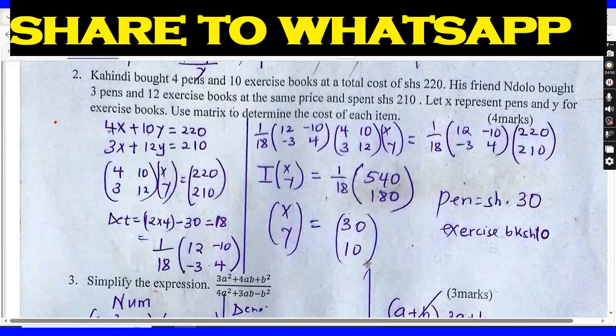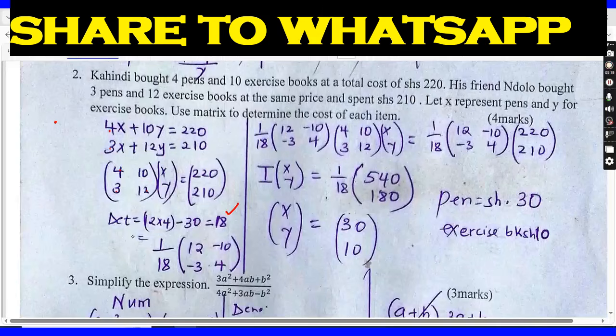You don't change anything. That is 4, 10, 3, 12, x, y. First get the determinant. You multiply this diagonal, 4 times 12, minus the second diagonal. You get the determinant as 18.